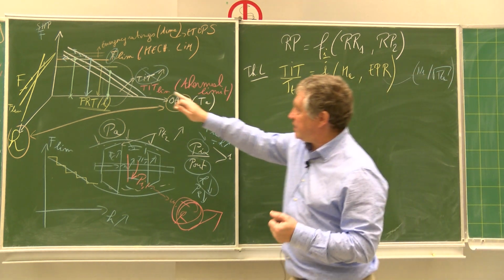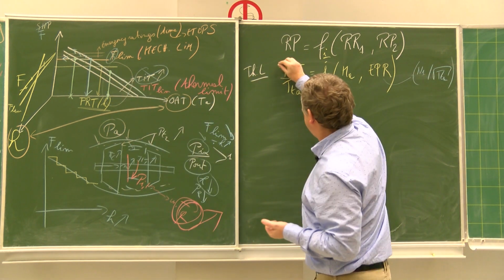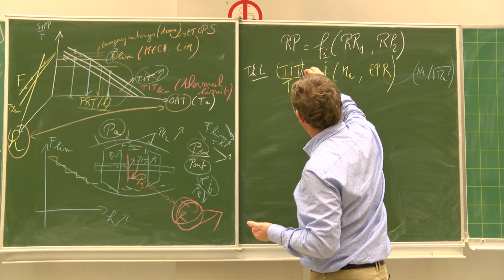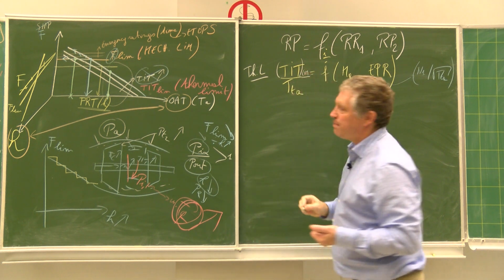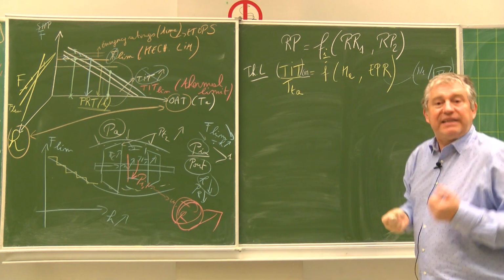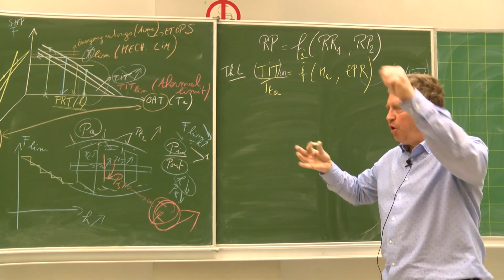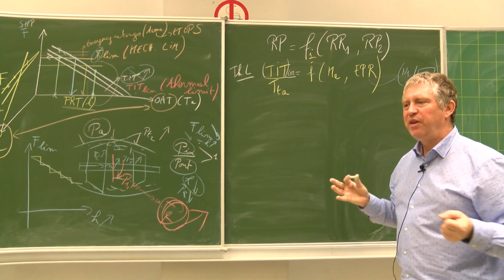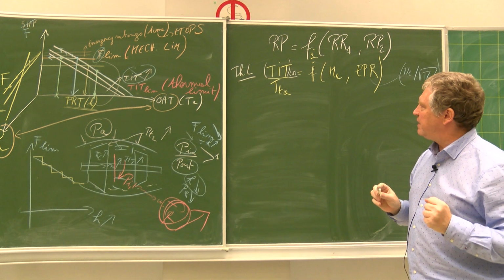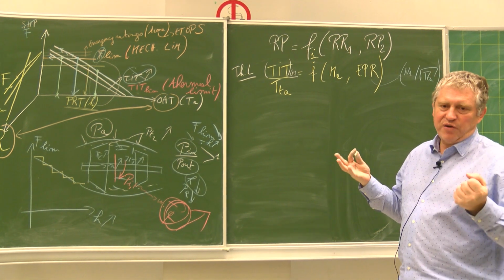And what is the situation that I explain? This is when TIT is reaching its maximum value. That is fixed. I don't know what it is, but someone knows in the company what is the limit value. So this is a constant.